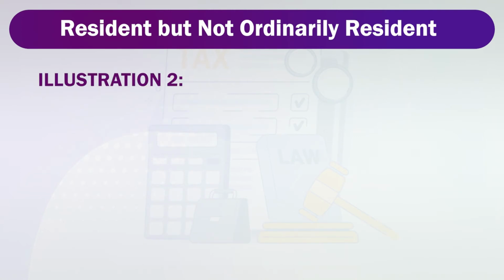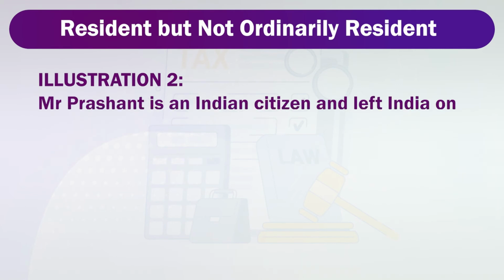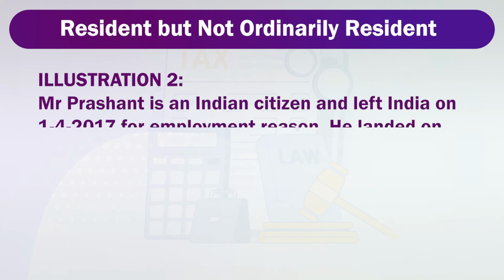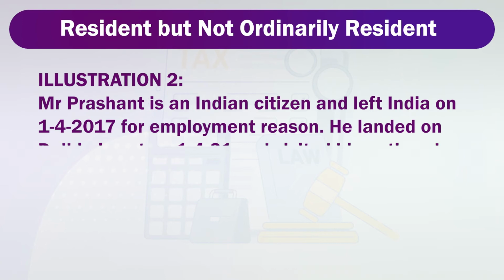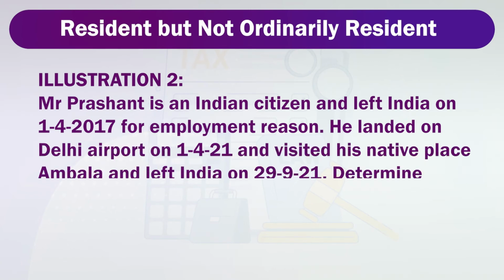Illustration 2. When an Indian citizen leaves India during the previous year for the purpose of employment outside India, or as a member of crew of Indian ship. Mr. Prashant is an Indian citizen and left India on 1st April 2017 for employment reason.